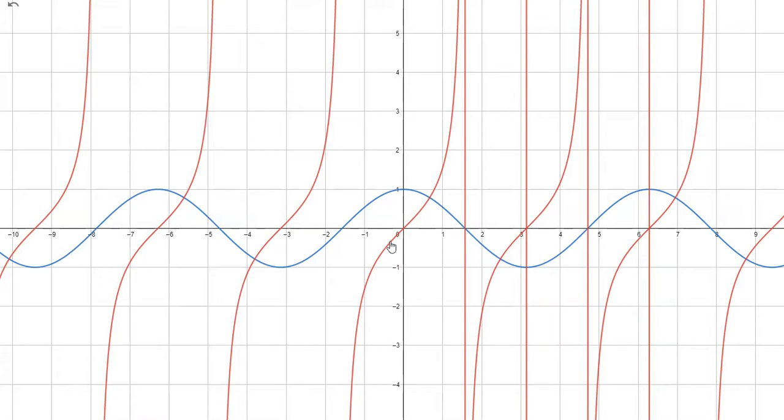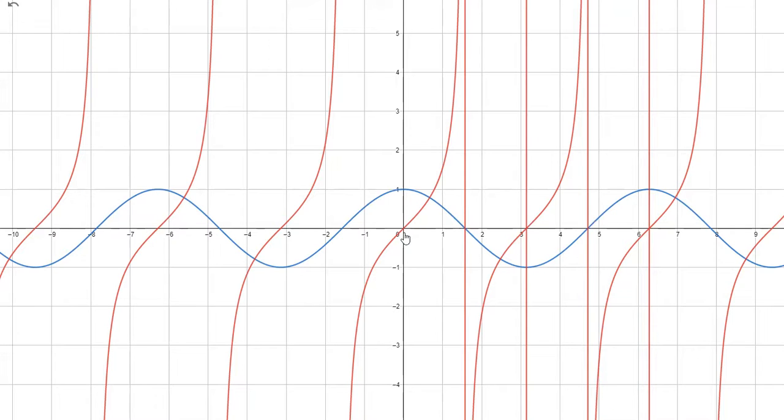All right, so you can see that the tangent of 0 radians is 0, and then it goes up, and the tangent of pi over 2 is not defined because that's sine of 90 degrees over cosine of 90 degrees, which is 1 over 0. That's undefined. And then it picks up from -infinity, and the tangent of 3 pi over 2 radians is equal to 0 again, and then it rises again.